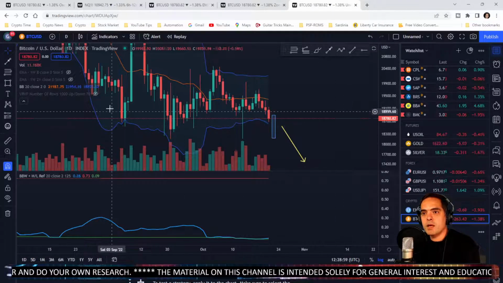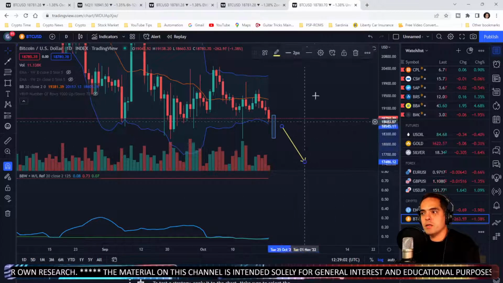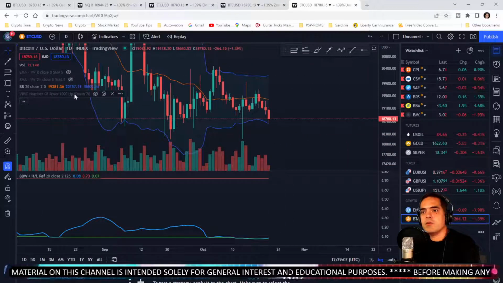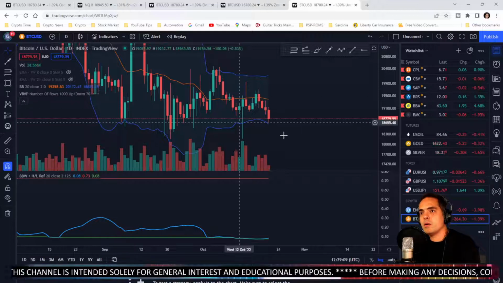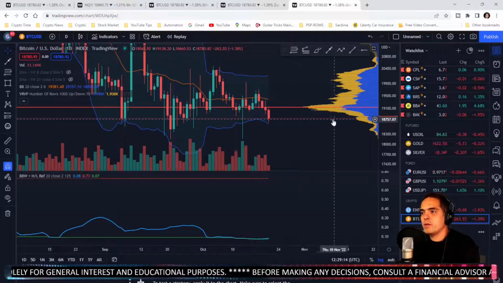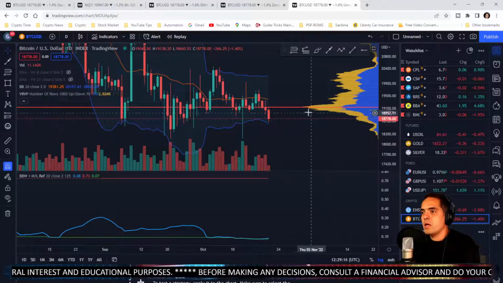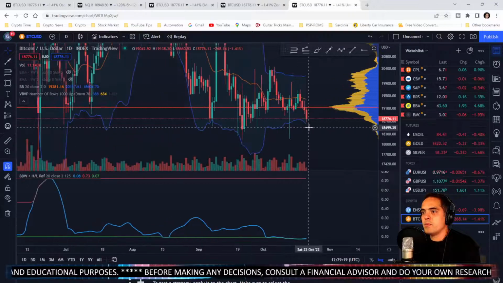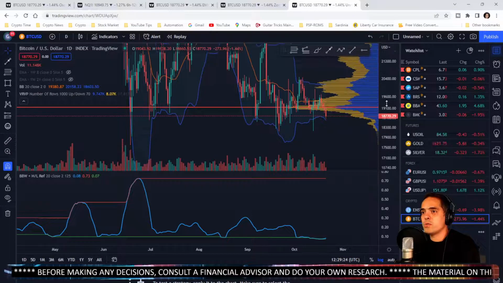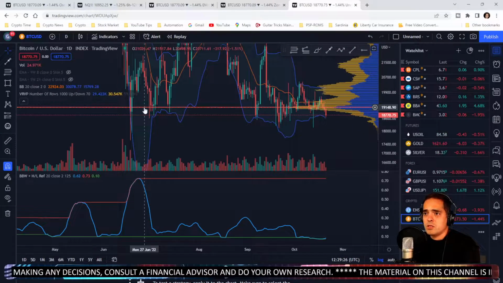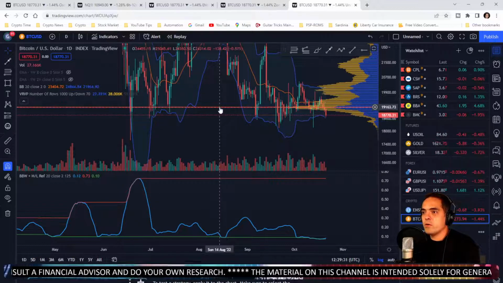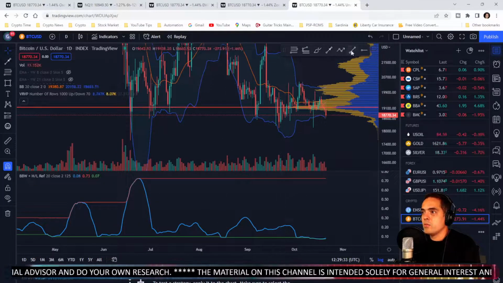Okay, and then let me clean this up. If we use the VRVP indicator, we see here the main zones of interest, and this red line is the point of control, which is basically the zone where most buyers and sellers control the price. So more interest here.